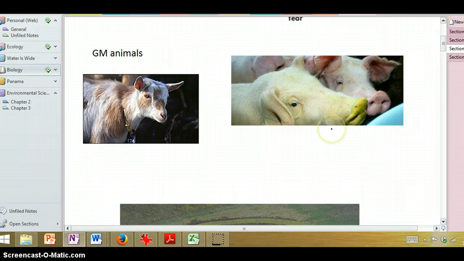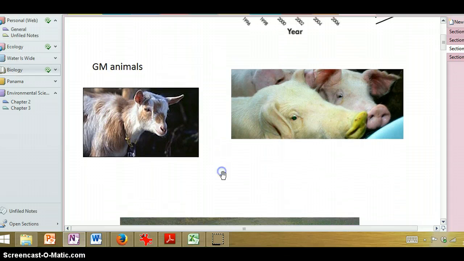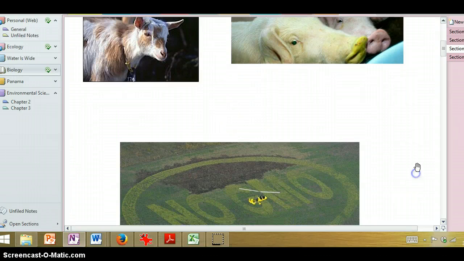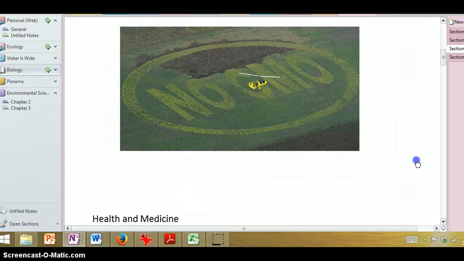They have a gene from a jellyfish in them that makes them have this sort of greenish color. And with other animals like goats and cows, they're working on introducing genes in them such that in their milk they produce certain beneficial compounds that one could get by drinking the milk. Again, sort of more of an experimental phase there.